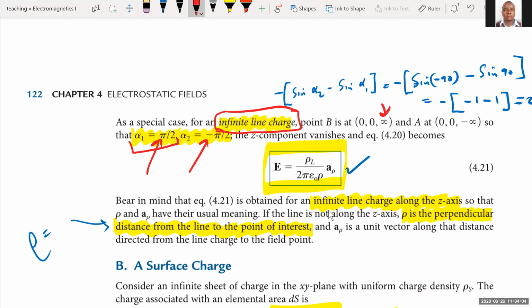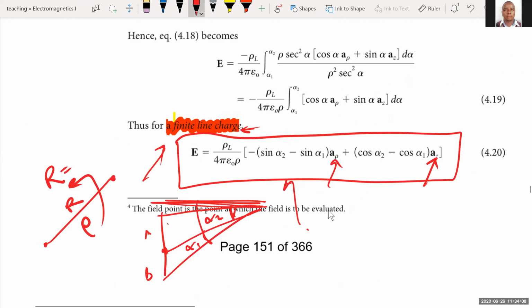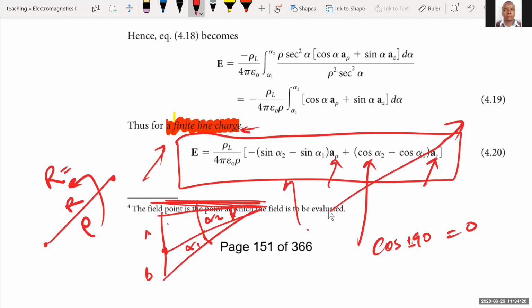Those are very significant because when you are dealing with cosine, this term will get lost because cos of 90 is always 0, be it positive or negative. So this term will get lost in the special case where we have an infinite line, and we are going to be left with this term.